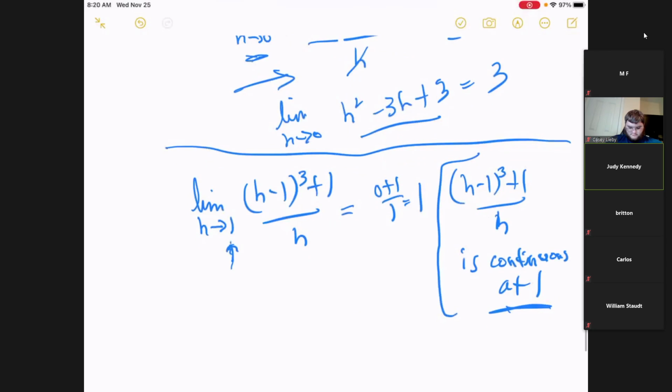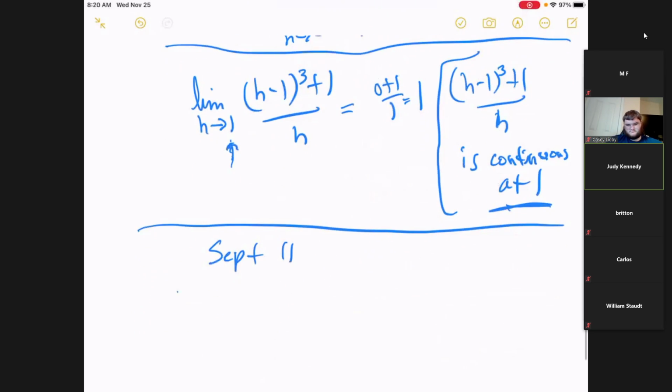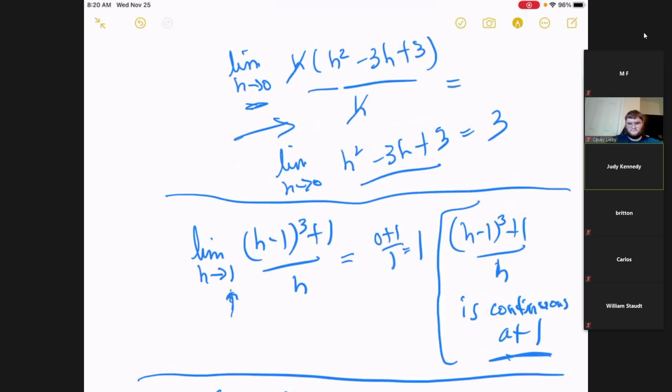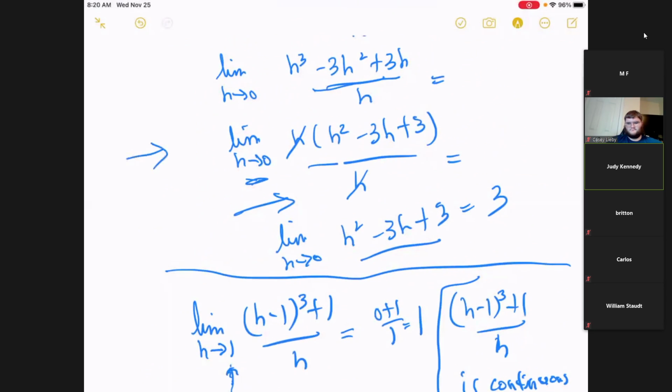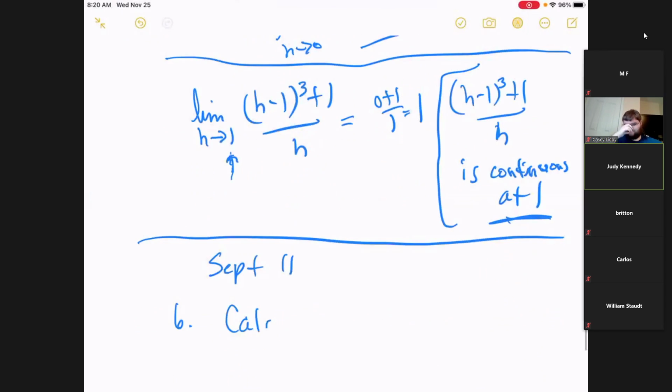How about it? This is September 11th, number 6. I can guarantee you're going to have a limit problem, at least one, just plain old limit. And I can guarantee you I'm going to ask you to calculate the derivative using only the definition.